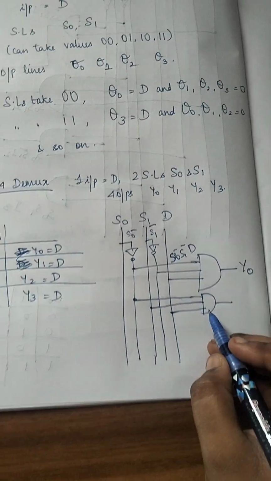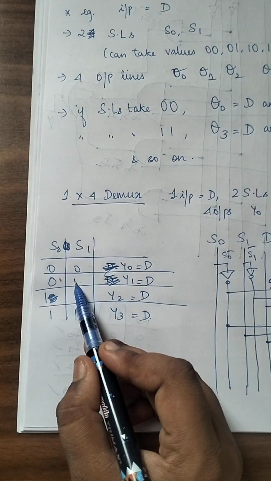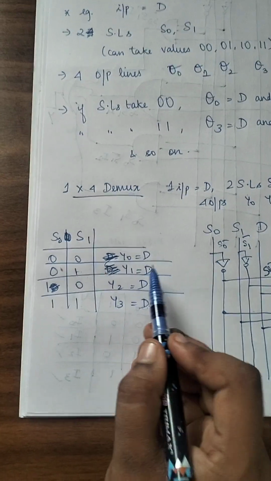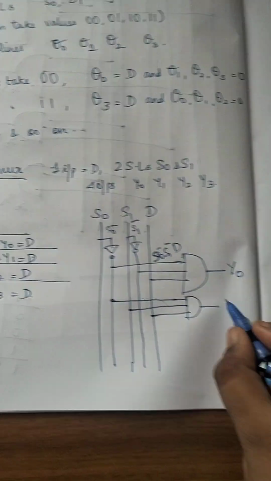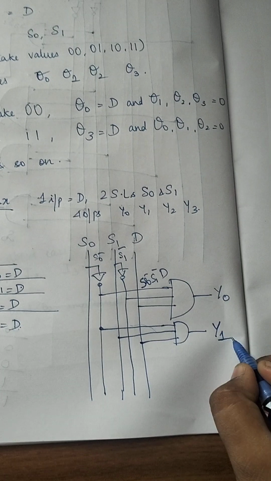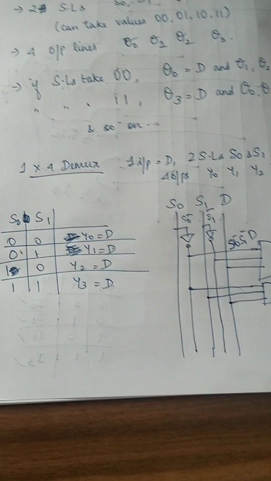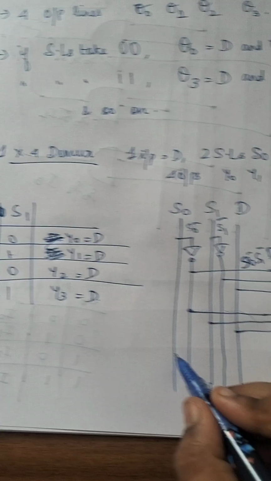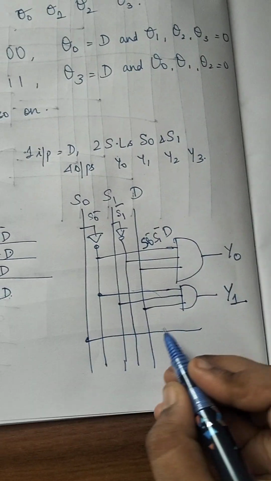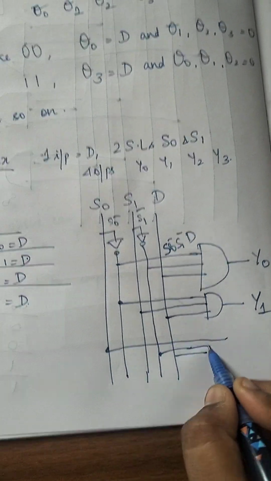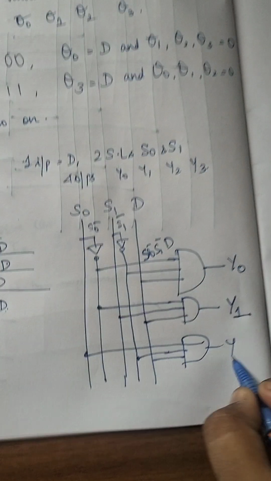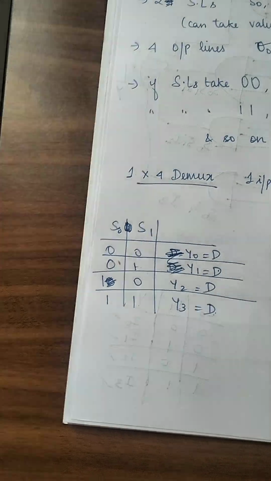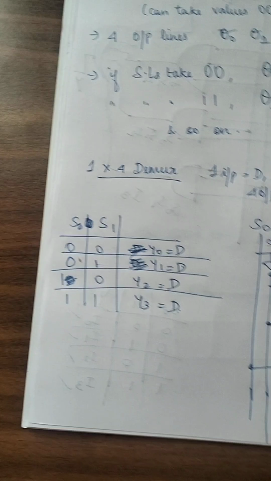And this you will find for this combination your output will be D, and for all other combinations it will be a 0. So this is what I expect from my Y1 line, so I'll label this Y1. Similarly here it must be S0, S1 dash, D, which will be Y2, and S0, S1, D should be my Y3.